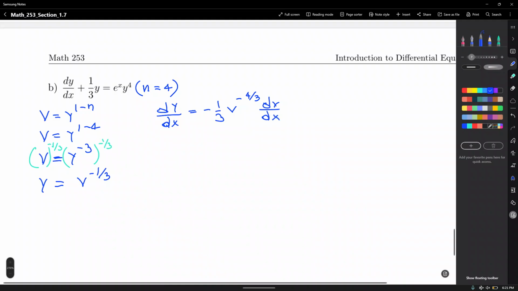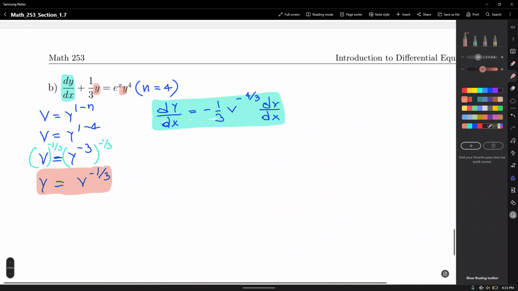So it seems like we have everything we need to substitute into the differential equation. So I'm going to substitute the derivative into this term right here, and y equals v to the negative 1/3 right here and right here, only for the y, not taking into account the fourth power.